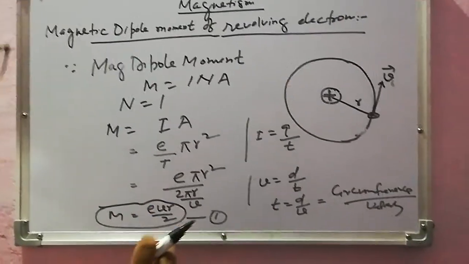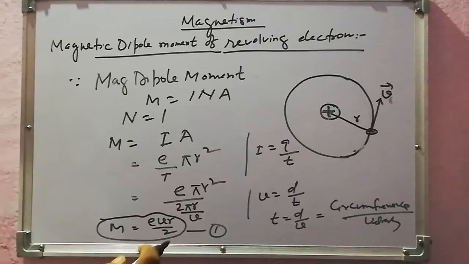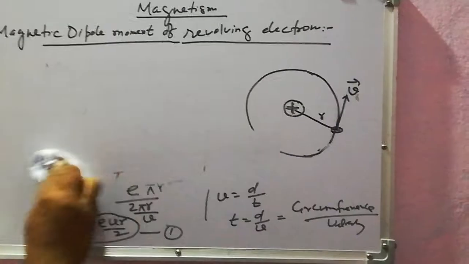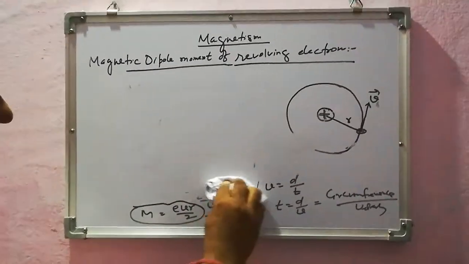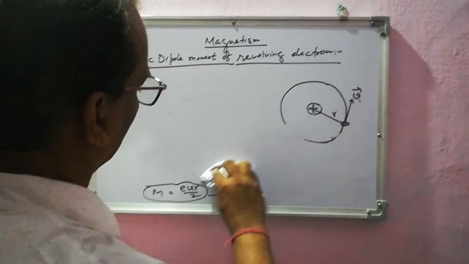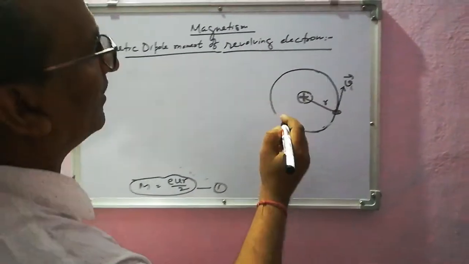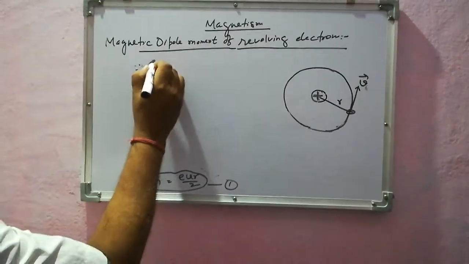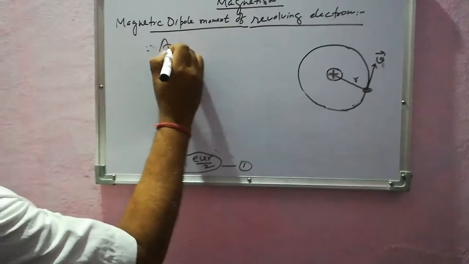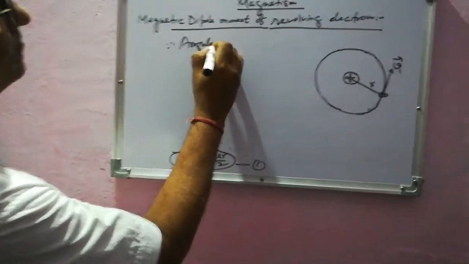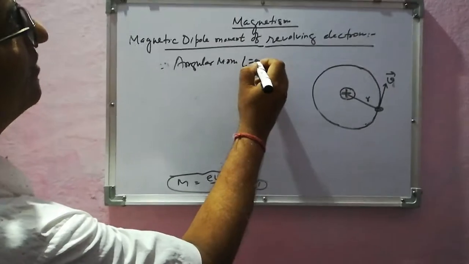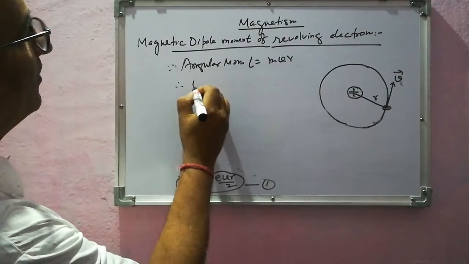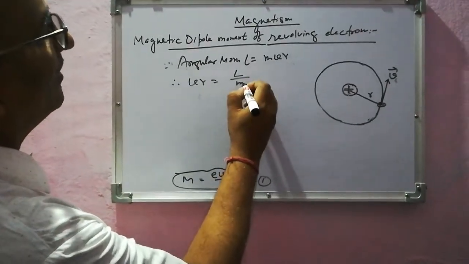Now let us write this expression in some other forms. Since you know that angular momentum L is equal to mvr, therefore vr becomes equal to L by m.